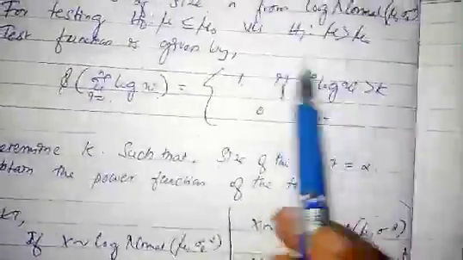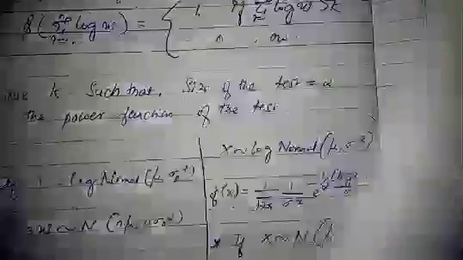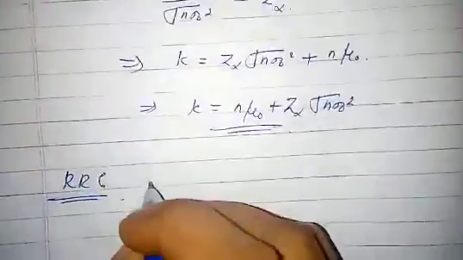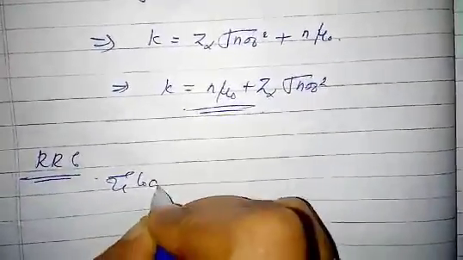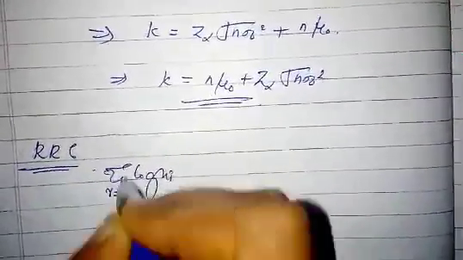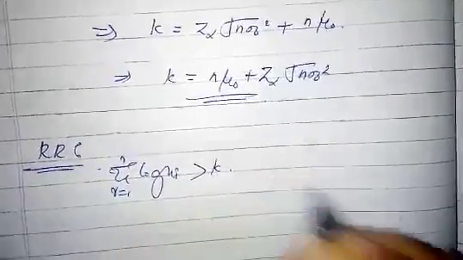That is the rejection region, from the test function. So here the rejection region is equal to summation log xi, i from 1 to n, greater than k, right?